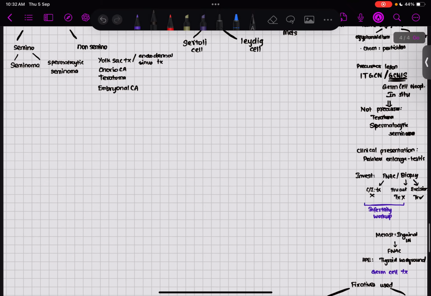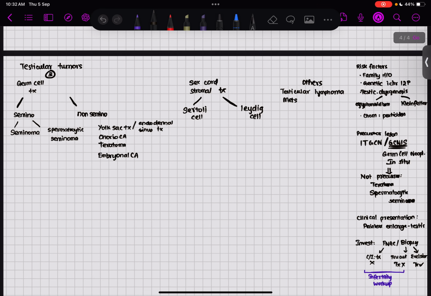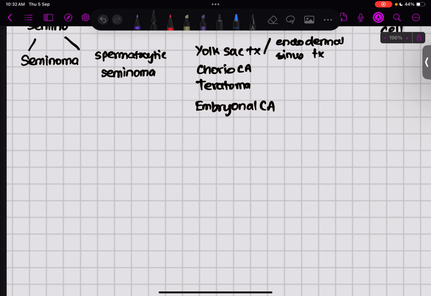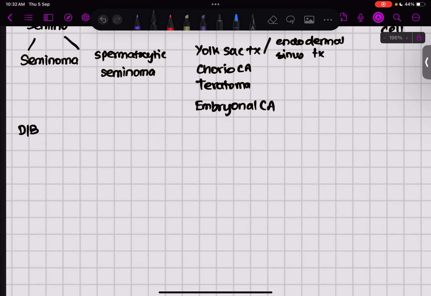Now going on to individual tumors. First, let us differentiate between seminomatous and non-seminomatous. Seminomatous tumors occur in young people, 20 to 30 years. Non-seminomatous occurs in the elderly.